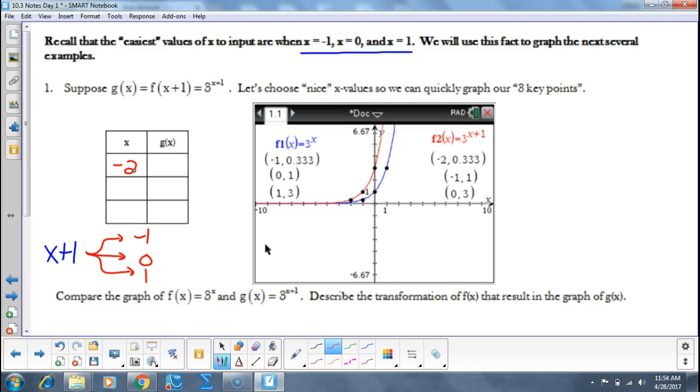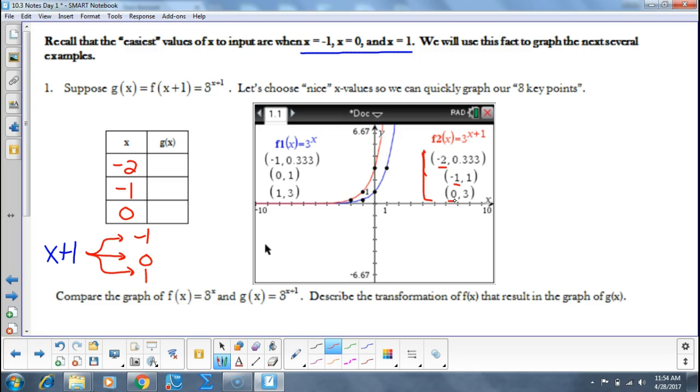X plus 1 equaling 0 says I'm going to put in -1. And x plus 1 equaling +1 says I'm going to put in 0 for x. Okay? Make it easy on yourself. So that's why I chose over here underneath the red ones -2, -1, and 0.